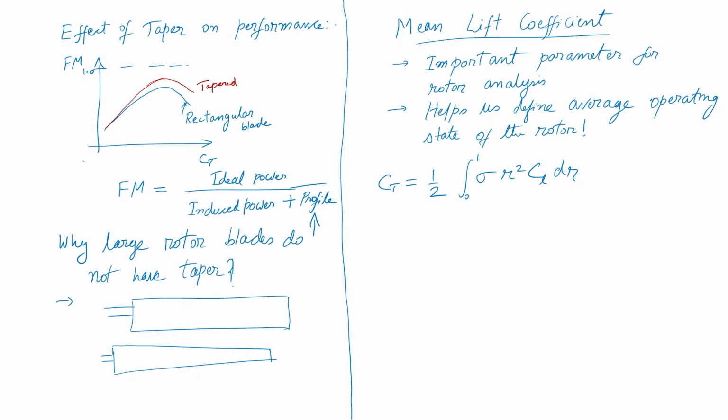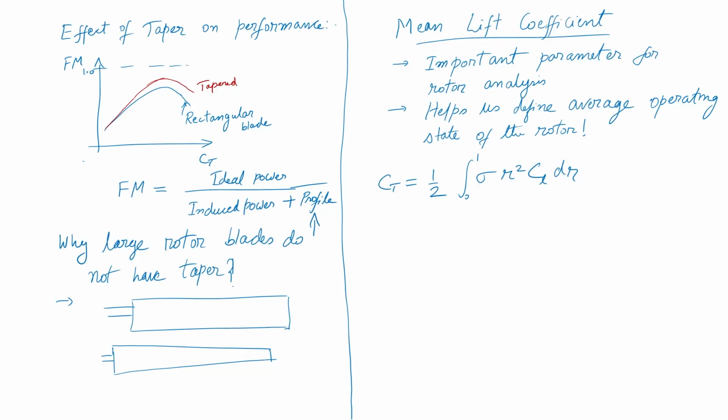But what I can say is that my angle of attack is different at every location of my blade, but I can define an average value of angle of attack. I can take all these values and take a mean. So I know overall on average what my angle of attack is. It is not a very great thing, but it is better than not having any clue what my angle of attack is.